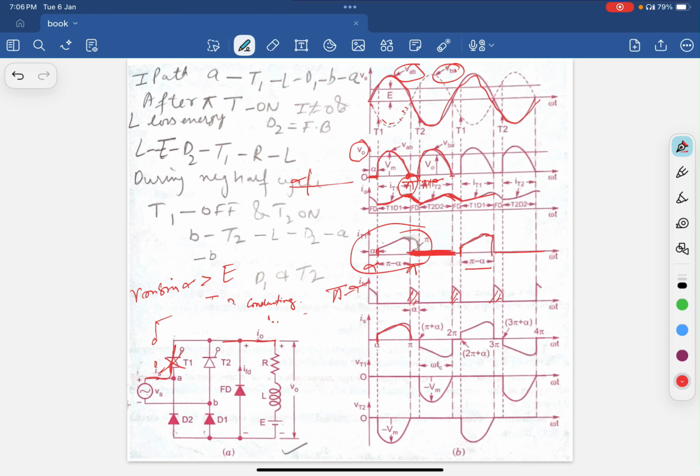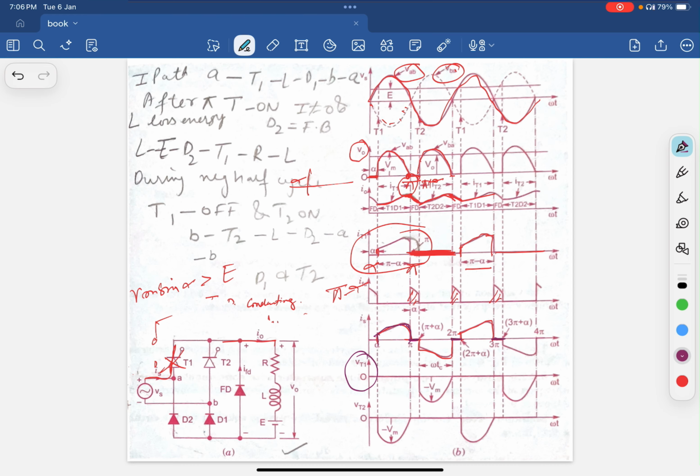Again it repeats, but the supply changes and the load current shifts, so you can see it is negative. Again the source current rises, then it falls and reaches this point. Here I marked the dotted line. It shows that the freewheeling diode was conducting. So the source current is rising and then falling.